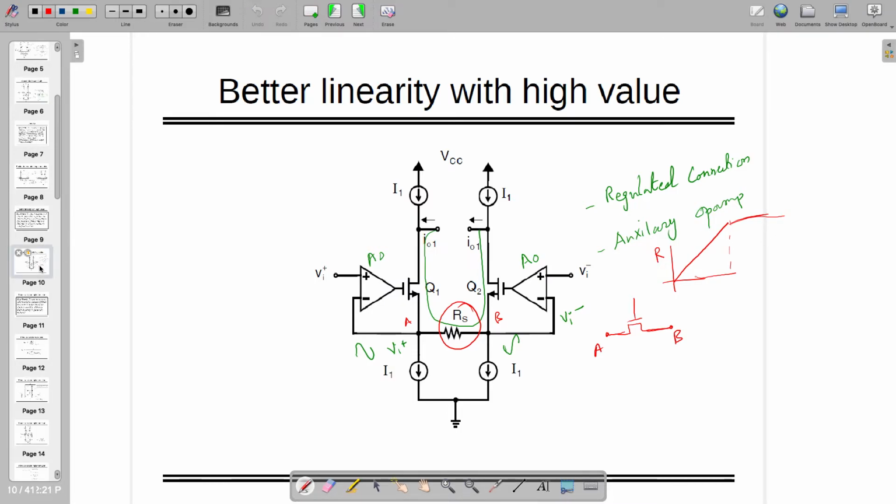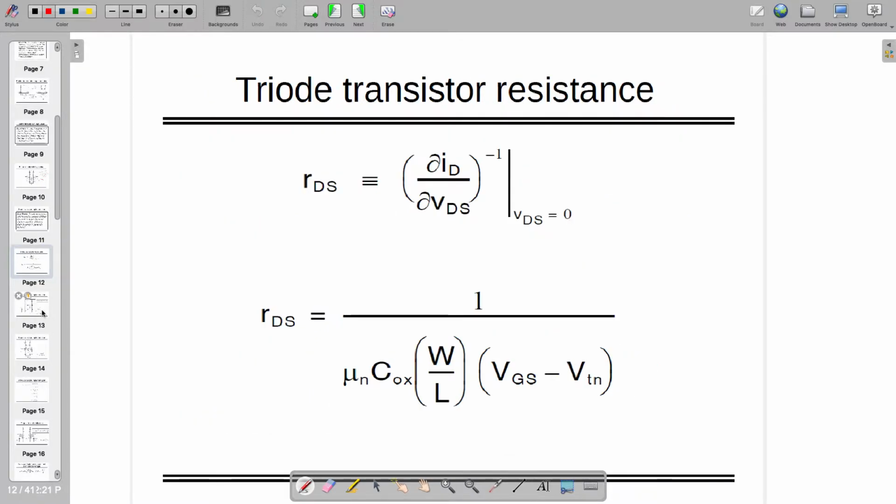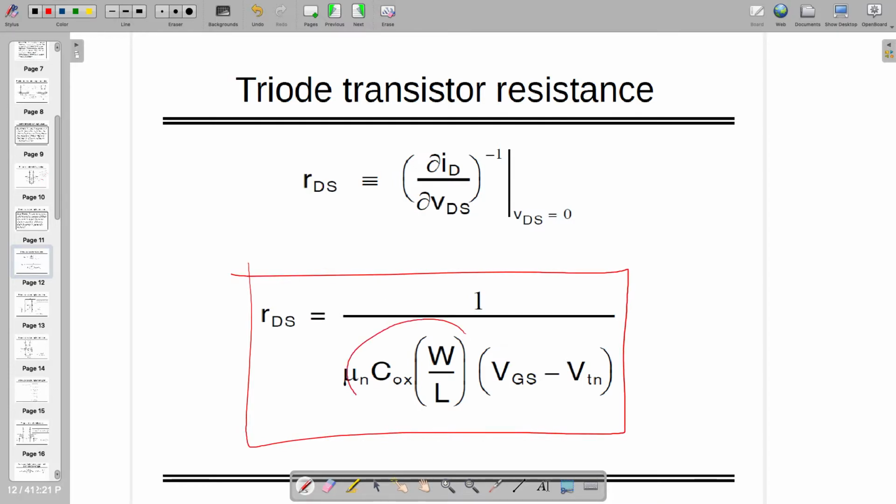So we can use a triode transistor, and it can be used in place of fixed resistors to make transconductors tunable, although their linearity is generally reduced. Its equivalent resistance is equal to this one, where this thing can be replaced by K, right?